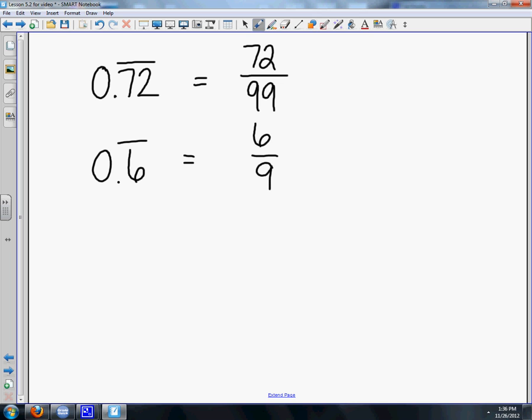If there's one number on top that's repeating, then it goes over 9. If there's 2 numbers that repeat, it goes over 2 nines. Same thing if there was 3 numbers, like 625, and they all repeated, then you would write 625, and then you would match it up, 999. 3 numbers on the top, 3 nines on the bottom. So that's how you do a repeating decimal.